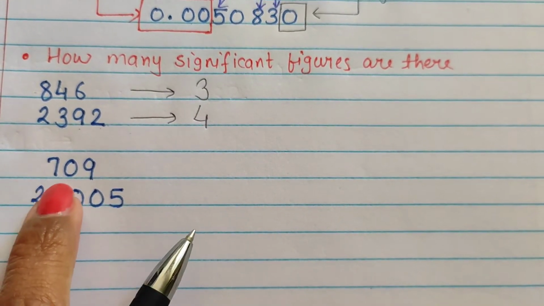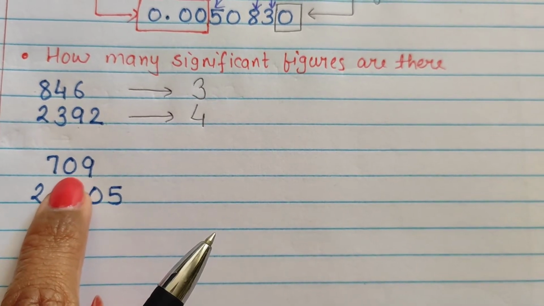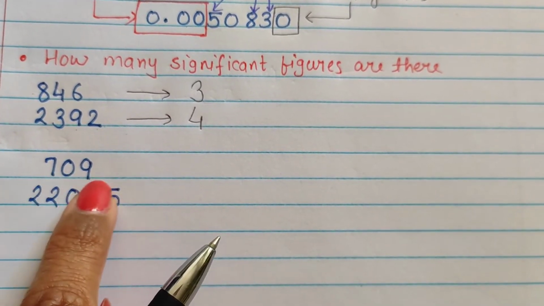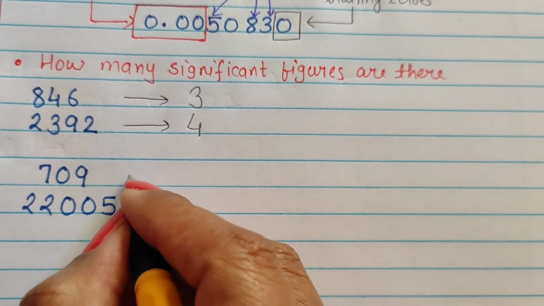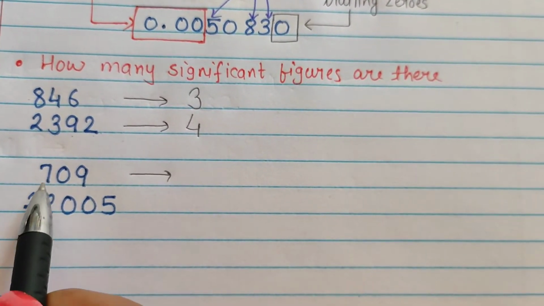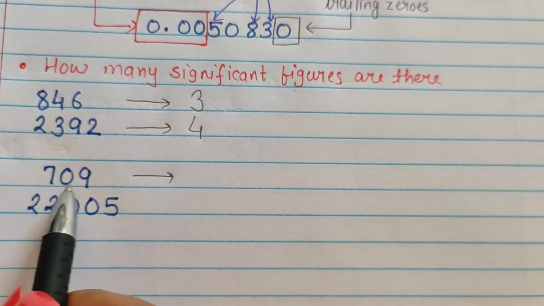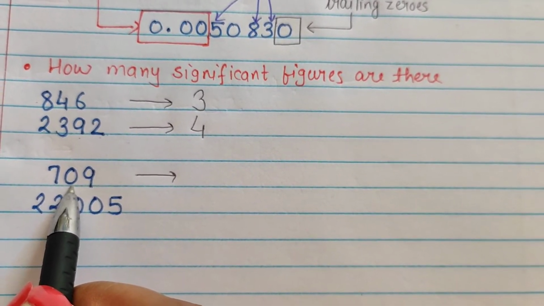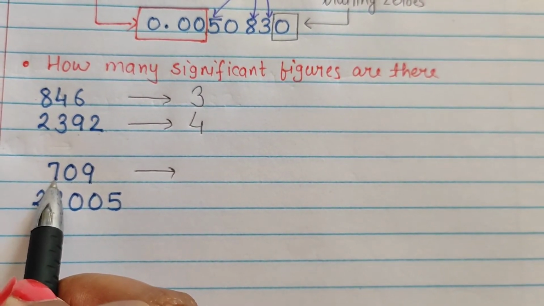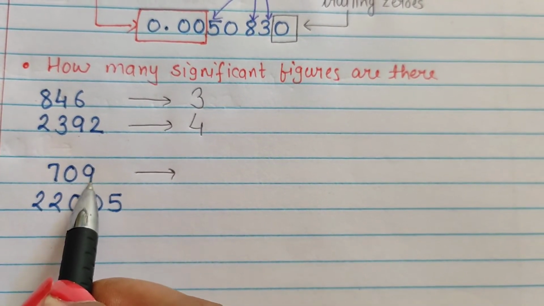Now let's see another example, 709. That means there is a 0 between 2 non-zero numbers, right? This is called an in-between 0. Whenever you have a 0 between 2 non-zero numbers, that is counted as a significant figure as well, okay? So first, second and third significant figure.